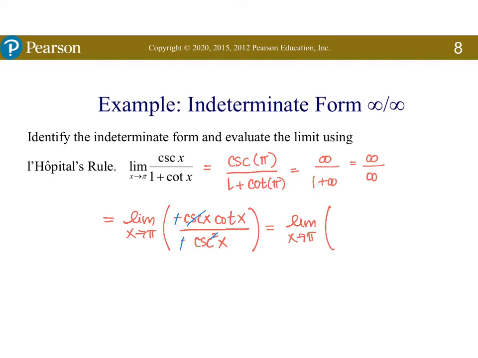So cotangent is cosine over sine. And then cosecant is 1 over sine, but I'm going to multiply by the reciprocal instead, so that I can reduce the sine function. So then I can plug in the cosine of pi, which is -1, and I get a value that's not indeterminate. It is determined.